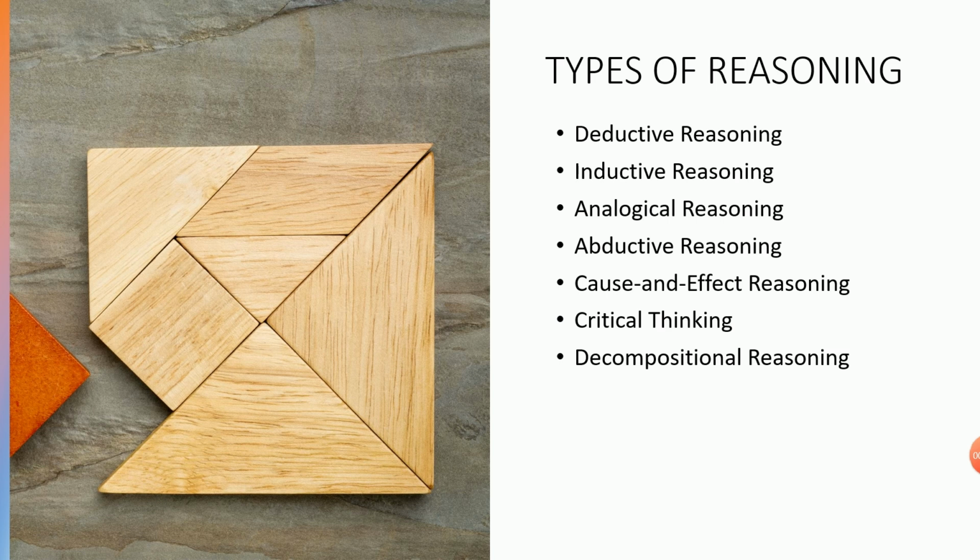We might have attended all such reasonings, but we may not know the name of what particular reasoning it is. We are going to see in the upcoming slides. First is deductive reasoning, inductive reasoning, analogical reasoning, abductive reasoning, cause and effect reasoning, critical thinking, decompositional reasoning.